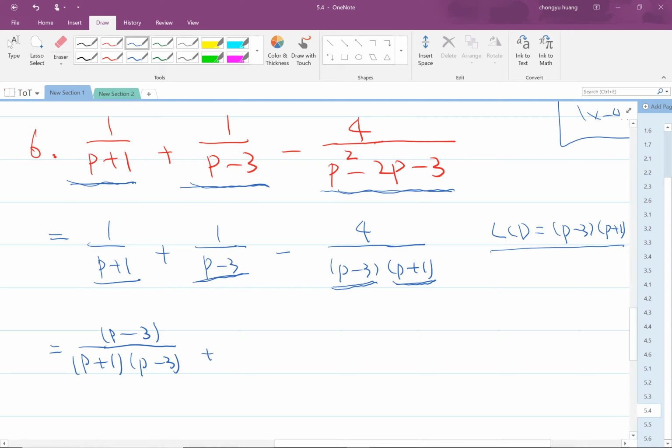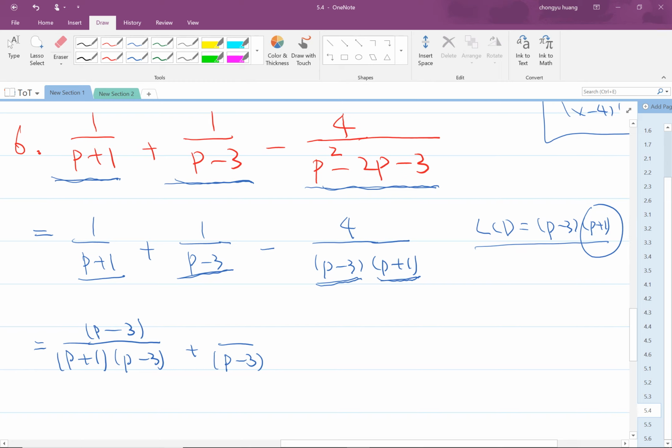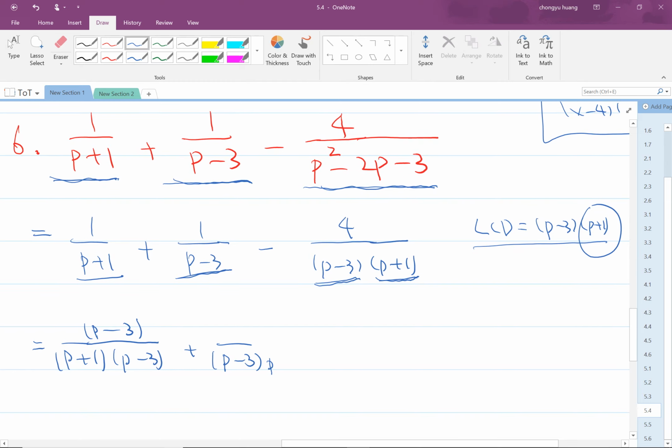And then here we have a p minus 3, and we're missing the term p plus 1, right? So you have to multiply p plus 1 up and down.